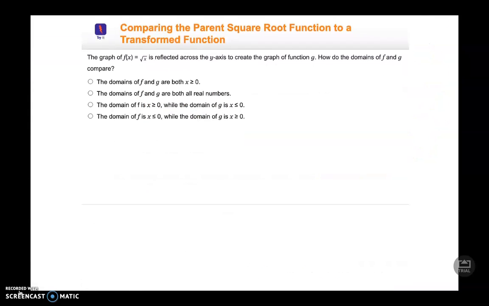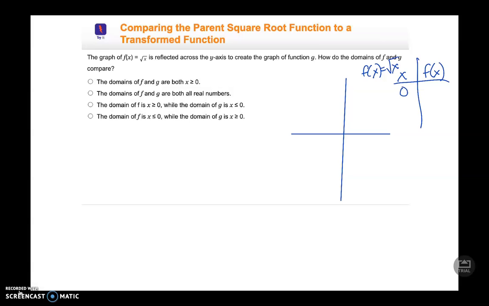Now, when we're comparing the square root function to a transformed function, we're going to be looking at graphs and what that means. So if we have a graph here, and we're going to graph the square root of x. I'm going to make a little t-chart here, with x and f of x, for f of x equals the square root of x.